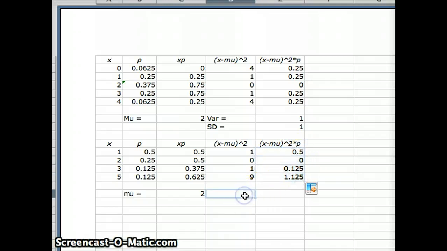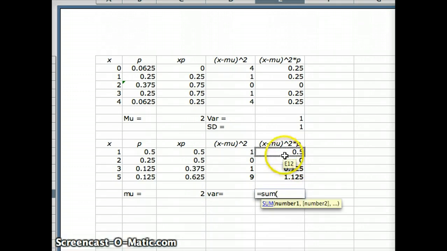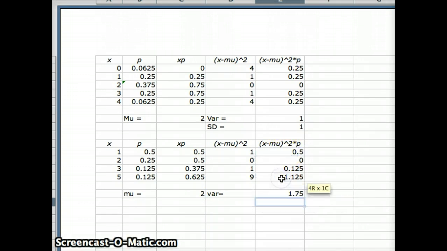And if we sum those, it'll give us our variance. So our variance should equal all of these. And then our standard deviation should be the square root. And so indeed, for this example, variance 1.75.